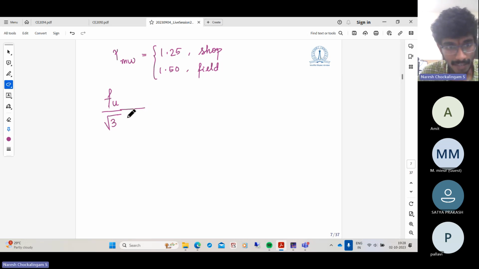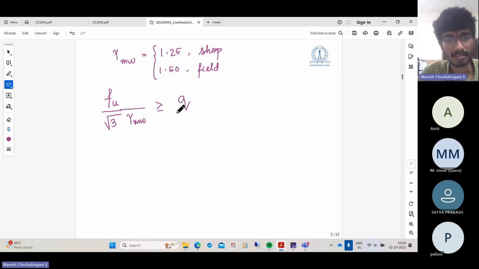And we do a limit state design, so you can apply this gamma MW. This value should be greater than or equal to the shear forces acting onto it. This is the ultimate shear strength of the weld divided by the material partial safety factor.